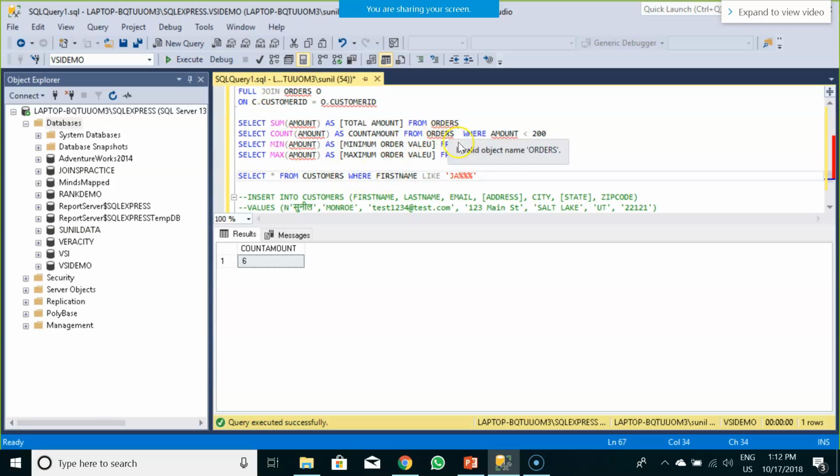Okay, so I misplaced this alias from here to here. That's the reason why you were getting the name of the column as no column name. Now we got the count as 6.